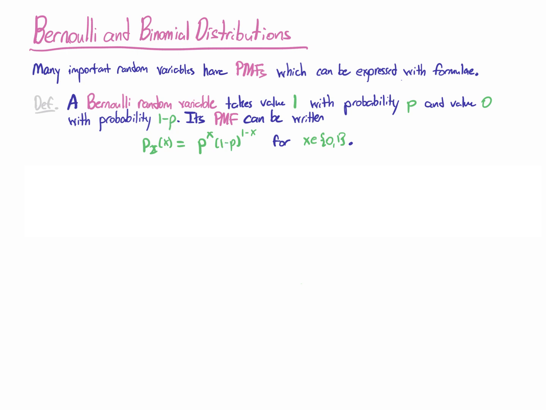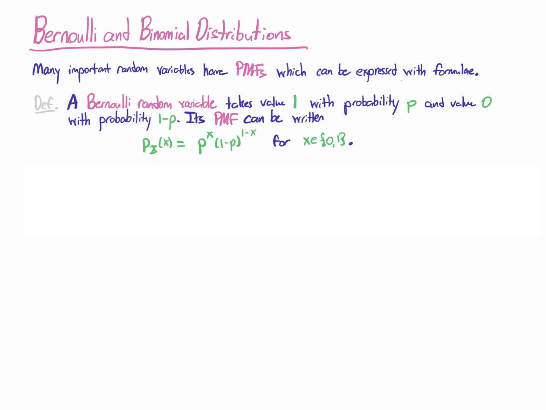And similarly, if I plug in x equals 1, the last term cancels into a 1, and I'm left with simply p. So this does indeed give the right answer, and it's helpful in a lot of contexts when we're working with these algebraically.